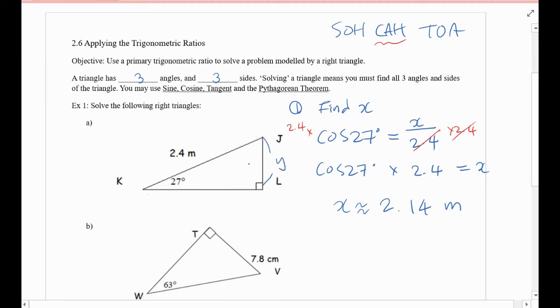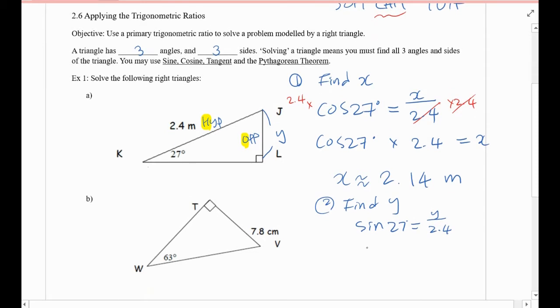So y is the opposite side to this angle, right? And this is the hypotenuse. So we're using OH, which is sine. Sine 27 equals y over 2.4, and same thing, we multiply sine 27 times 2.4, and that is y.